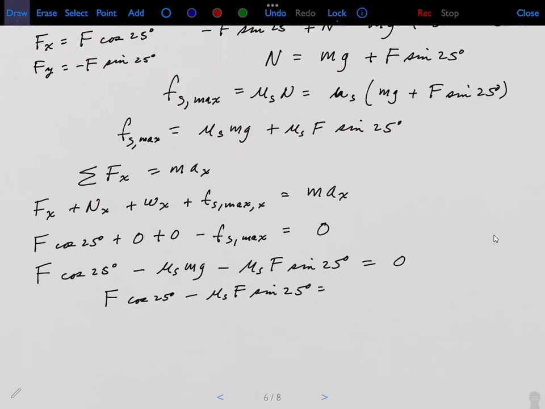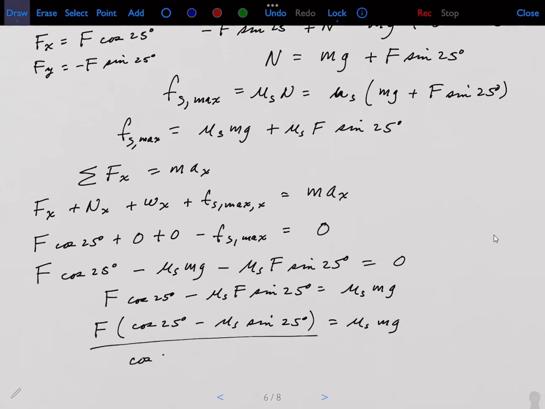And I'll bring the other term to the right-hand side, so it becomes mu s mg. And then if I factor out an F, that's mu s mg. And then finally, I can divide both sides by cosine of 25 minus mu s sine of 25.